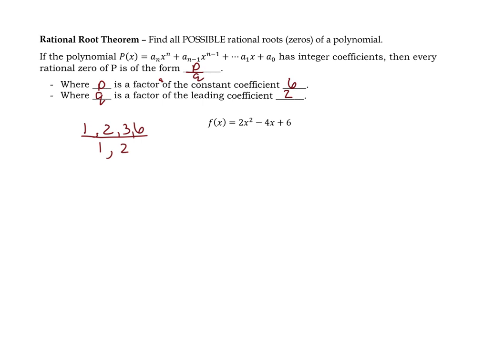Now we have to represent the positive and negative, so that list is going to be 1 divided by 1 is 1, 2 divided by 1 is 2, 3 divided by 1 is 3, 6 divided by 1 is 6, 1 divided by 2 is 1/2, 2 divided by 2 is 1, already written, 3 divided by 2 is 3/2, 6 divided by 2 is 3, and the only thing we have to add to these is this is positive or negative 1, positive or negative 2, positive or negative 3, positive or negative 6, positive and negative 1/2, positive and negative 3/2.